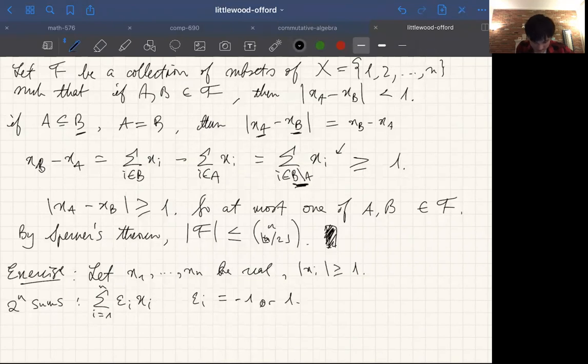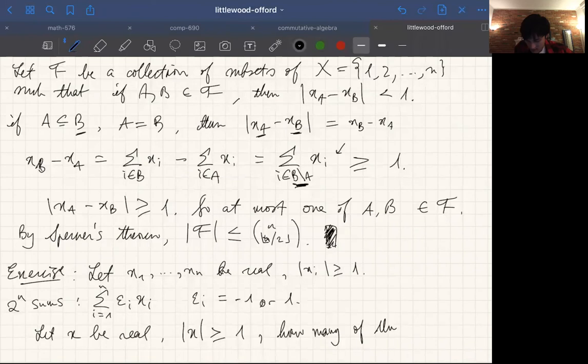And now let x be real. I'll just ask you this question: how many of the sums can be at distance less than 1 from x?